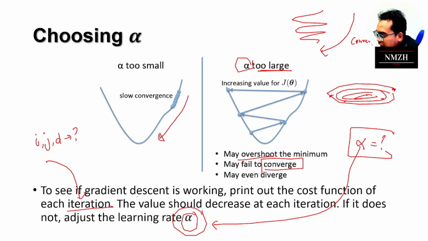So okay, again I repeat my question. What is the iteration value? Anyone? What is the iteration value? Imagine that we have this. So what is so important, the iteration value? Which one, I, J, D?